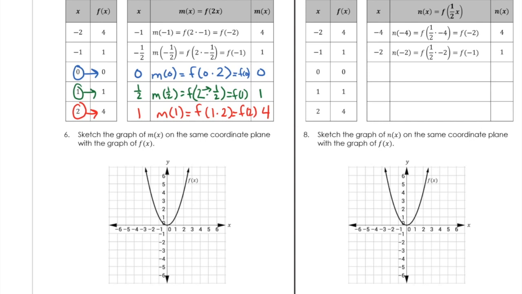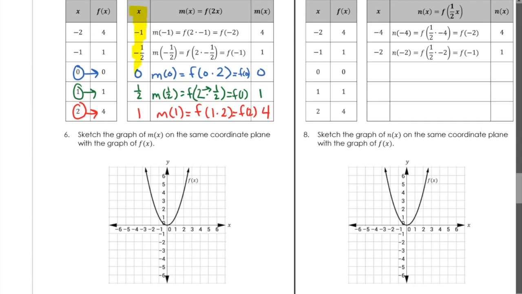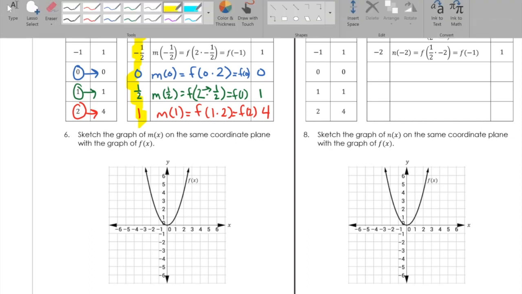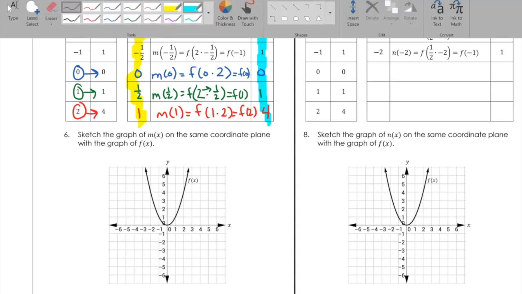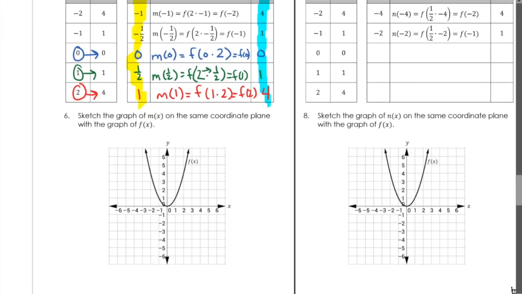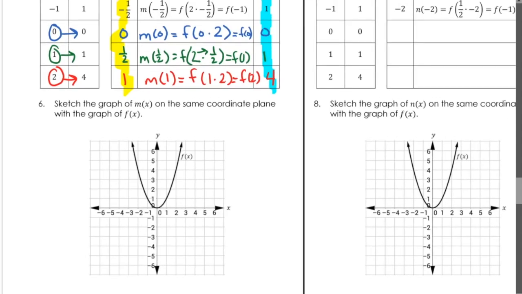If I were to graph this, remember that the x's are here and the y's are the next ones. I'll graph with you. So the first point is -1 and 4. So -1 and go up to 4, which is right here.